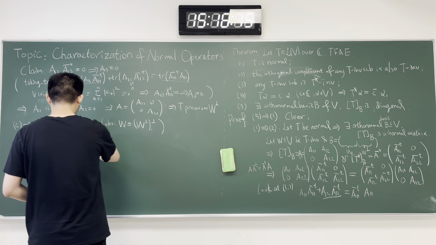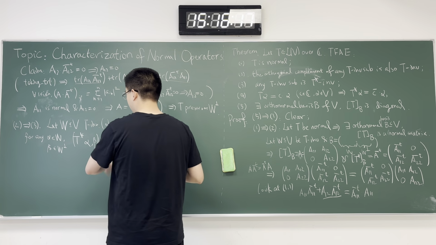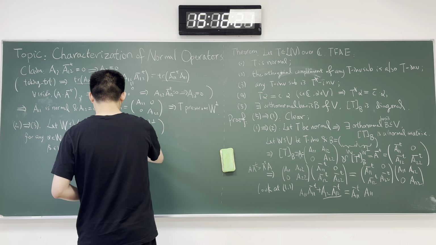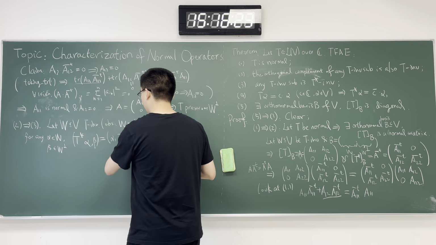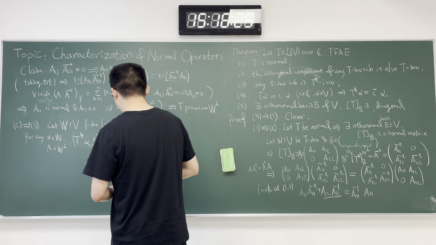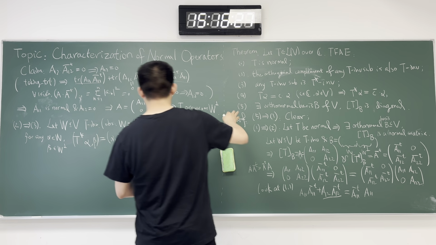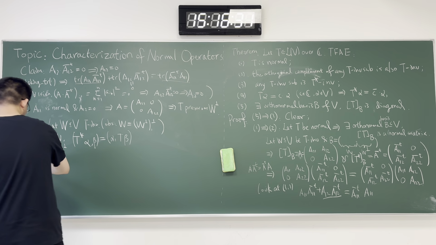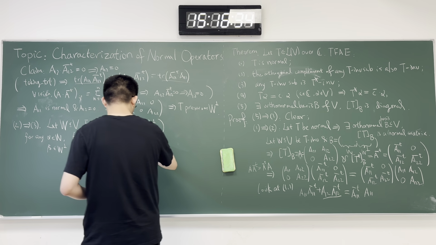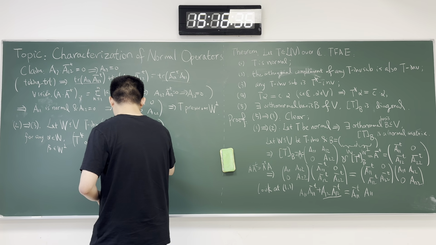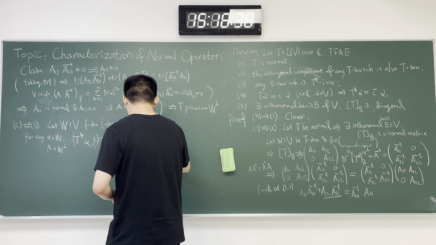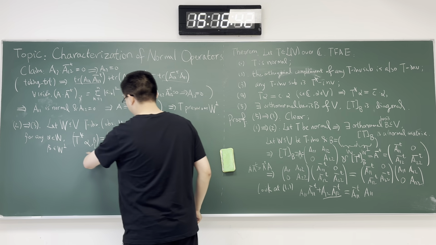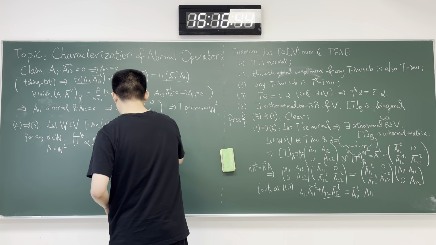We check the inner product of T star alpha with beta. By definition, it just equals the inner product of alpha with T beta. Now, since W is T invariant, by 2, W perp is also T invariant. So beta in W perp implies that T beta is also in W perp.